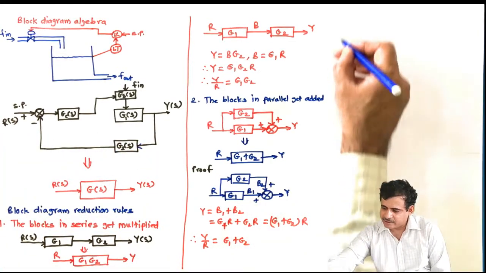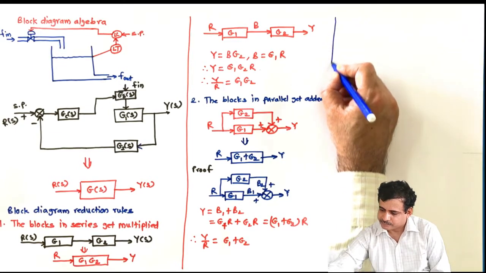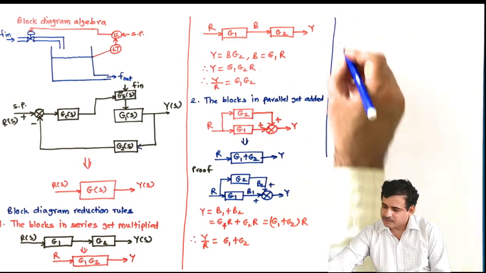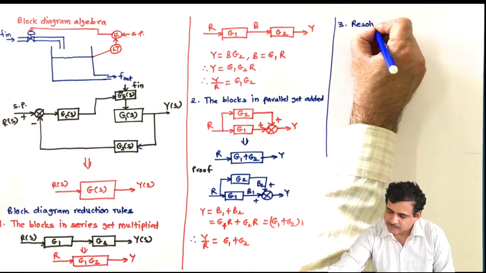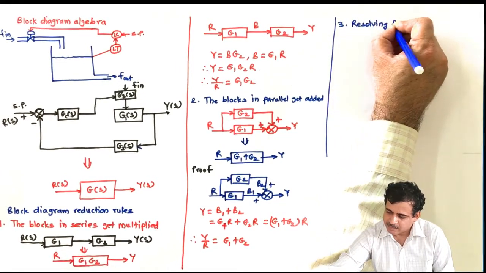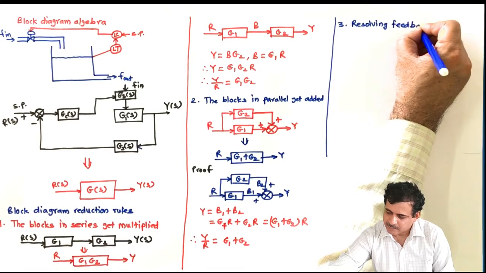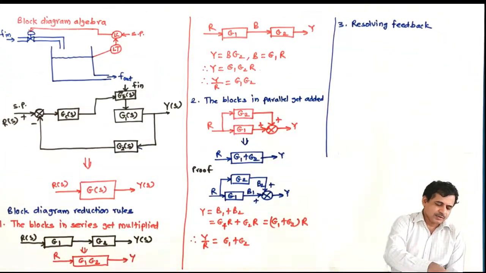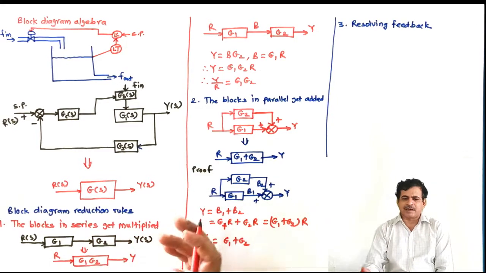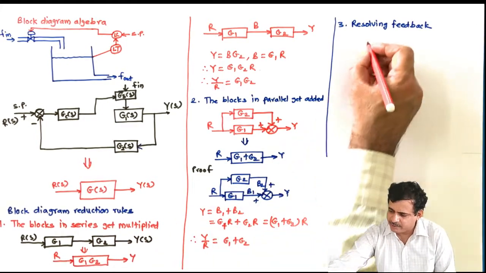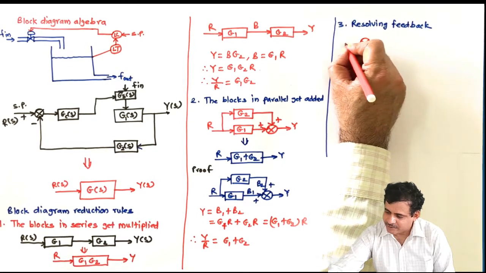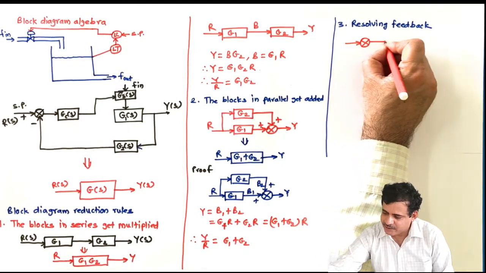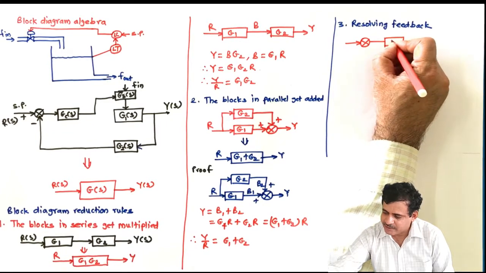Let us now consider the third one. The third is resolving feedback. So if we have, instead of series or parallel, a block in feedback like this, you should understand when the blocks are in series, when the blocks are in parallel, when the blocks are in feedback.